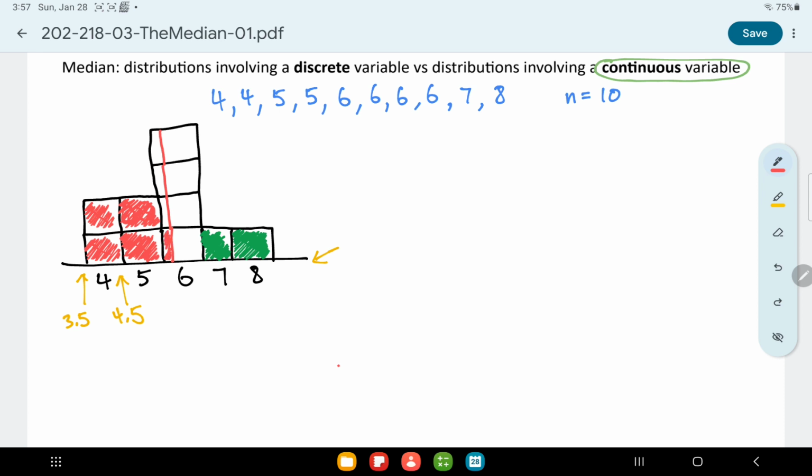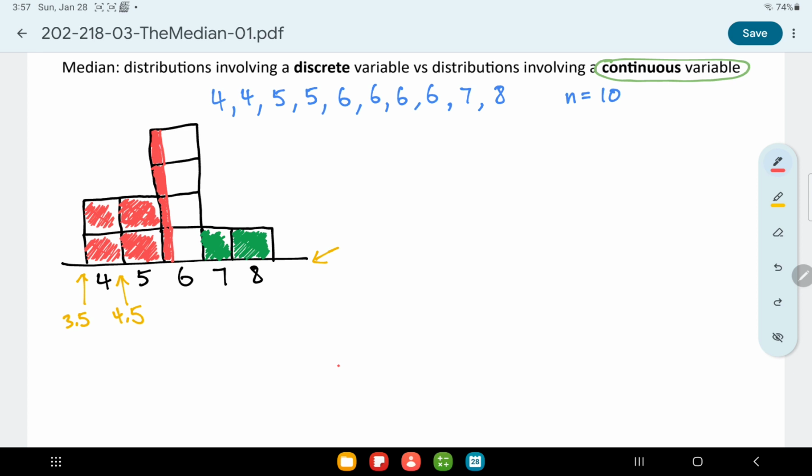Do you see? We need to cut a quarter of the boxes. Again, the idea from the perspective of the entire volume, the median denotes on the number line the point where it cuts the volume of the histogram, of the entire histogram, in half.